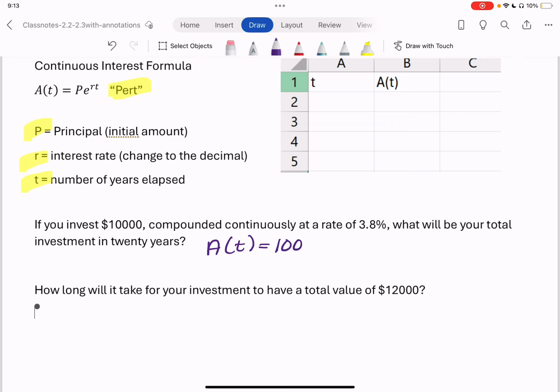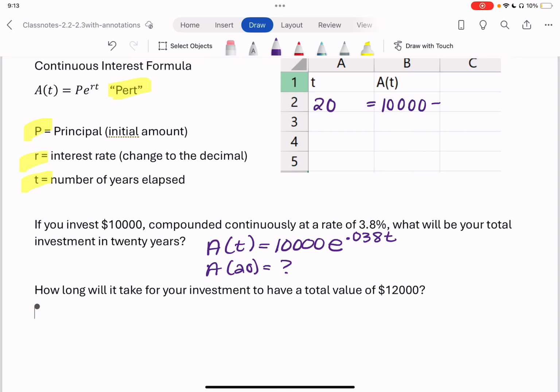So our principal is 10,000, base E, and our R would be 0.038, okay, and then T is your variable. So in 20 years, we're looking for A of 20. So we would drop 20 in for our value for T, and our formula will look like this.